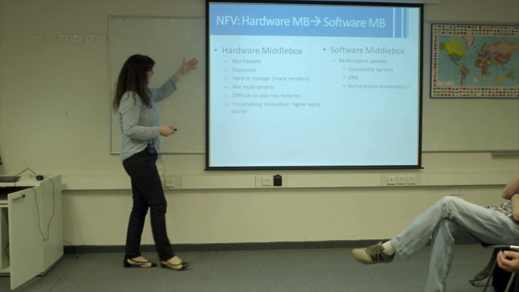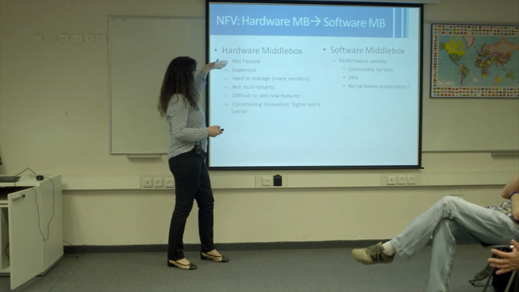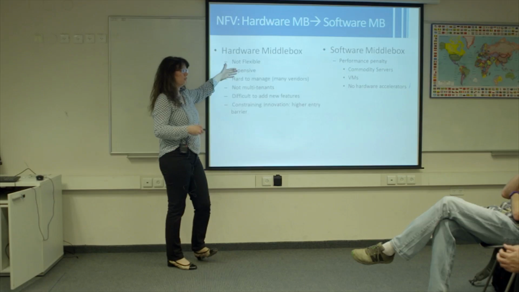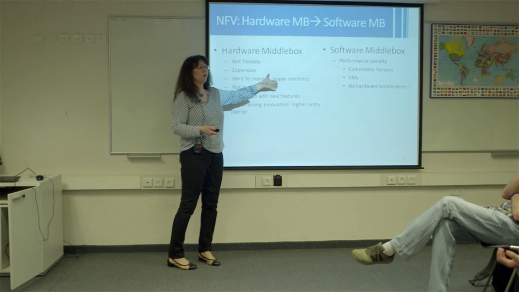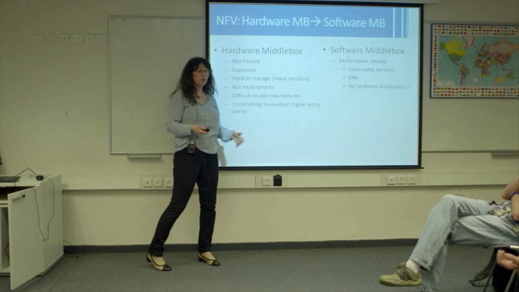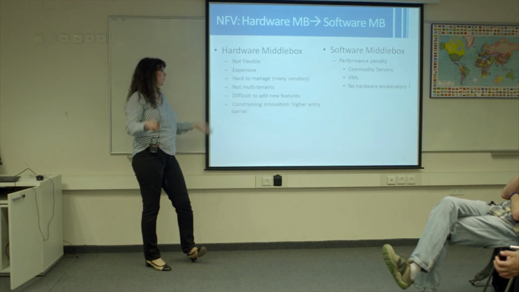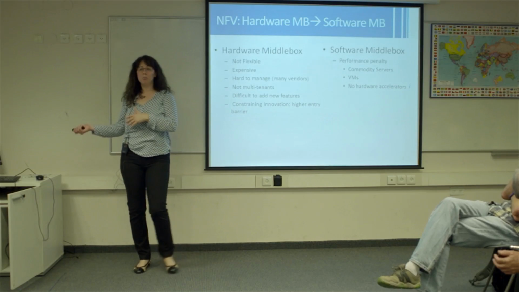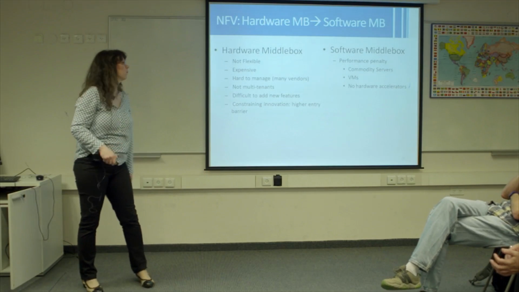The disadvantage of hardware middle box is that it's not flexible, it's expensive, it's hard to manage because you have many vendors, it's not multi-tenant, it's difficult to add new features, and it's constraining innovation because it's a higher entry barrier. You want to build a new middle box, you need to build a new device.